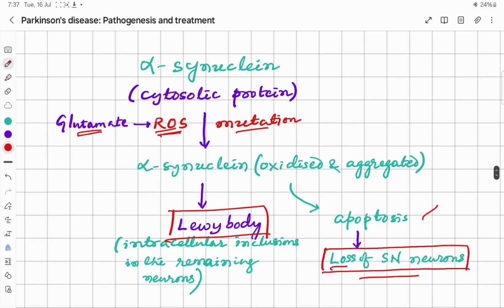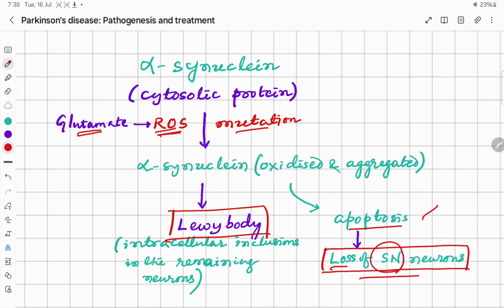Then in the pathogenesis there is a role of the cytosolic protein alpha synuclein, which in the presence of reactive oxygen species, and maybe due to genetic mutation, will convert to its oxidized and aggregated form, which will undergo apoptosis, and there will be loss of the dopaminergic neurons, the substantia nigra neurons.